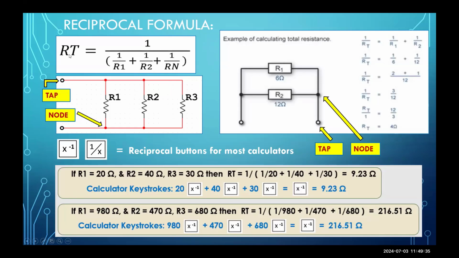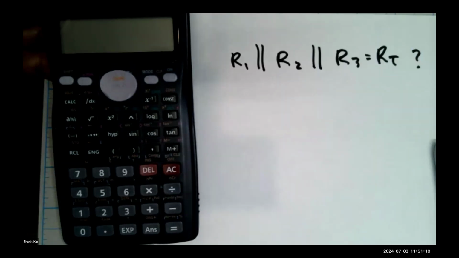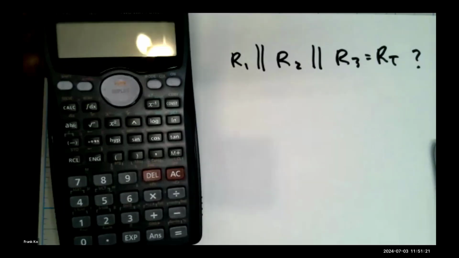All right, we're now going to do this on the calculator, show you how easy this is. Let's go ahead and do this. Okay, we should be looking at my camera screen, and what it is that we wanted to start off with.